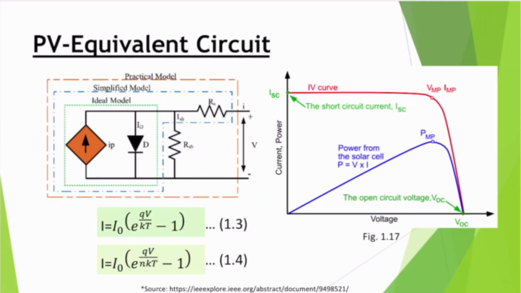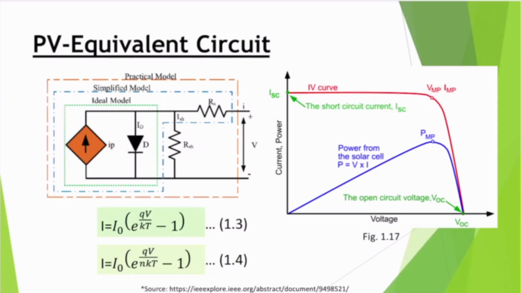The x-axis represents voltage, and the y-axis represents current as well as power. So I can represent the whole relationship: current versus voltage, as well as power versus voltage. The current versus voltage characteristic is known as the IV characteristic, and the power versus voltage is known as the PV characteristic. The important part is to capture the maximum or efficient operating point from those two characteristics, and once you are able to capture it, then you can produce maximum power out of it.